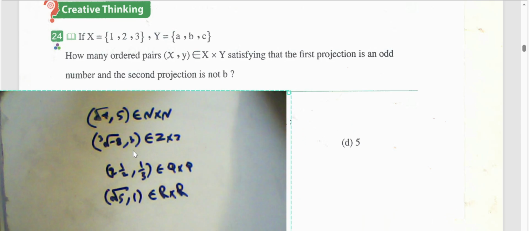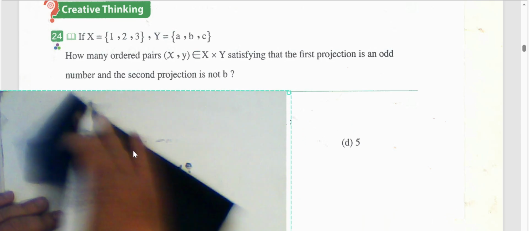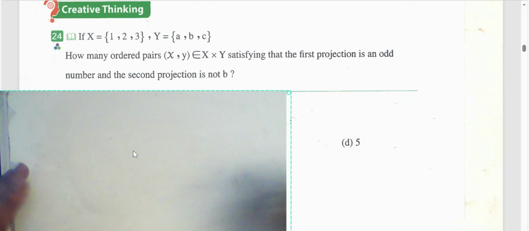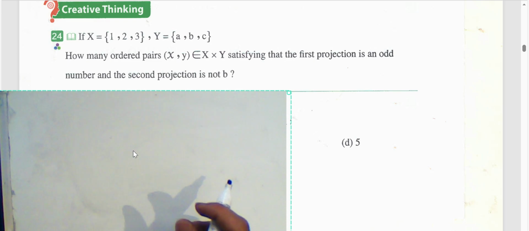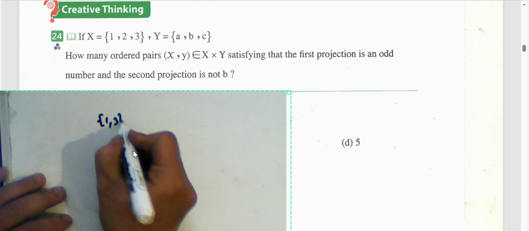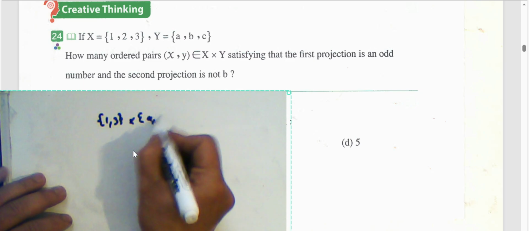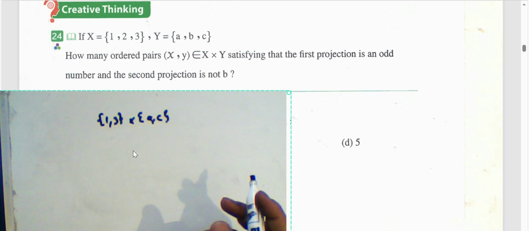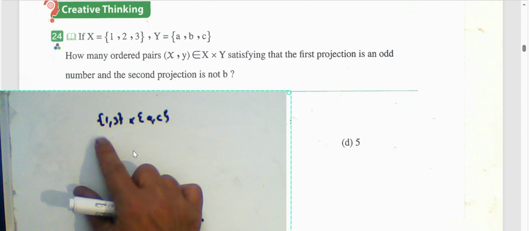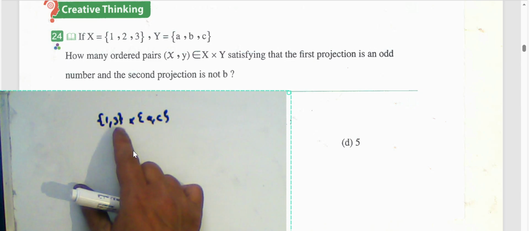Thinking about question number 1. How many ordered pairs x and y belonging to x Cartesian product y satisfy that the first projection is an odd number and the second projection is not p?